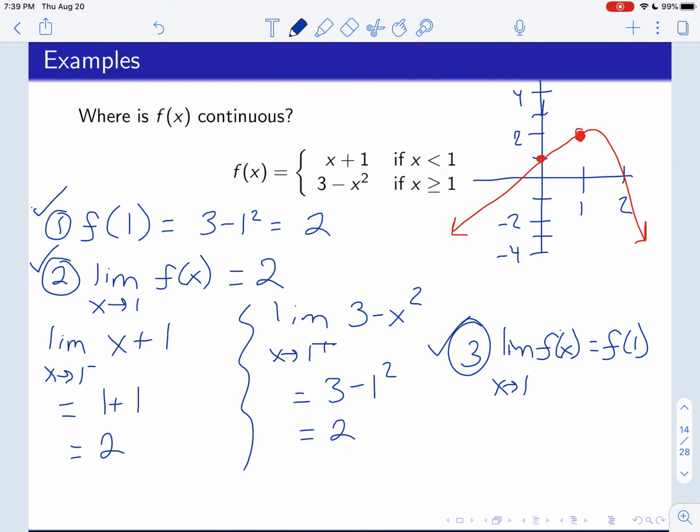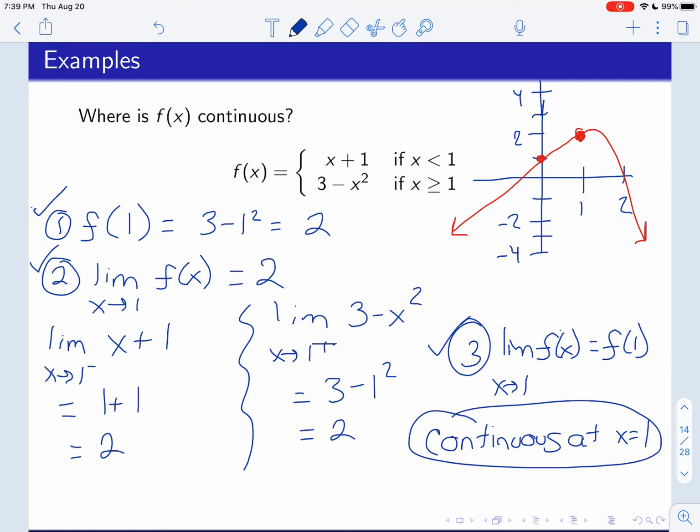And so, starting to get into a little bit of continuity on intervals, this thing absolutely is continuous at x equals 1. That's the place we were worried that it might not be continuous. But it's also continuous everywhere else, if I think about what the graph looks like.